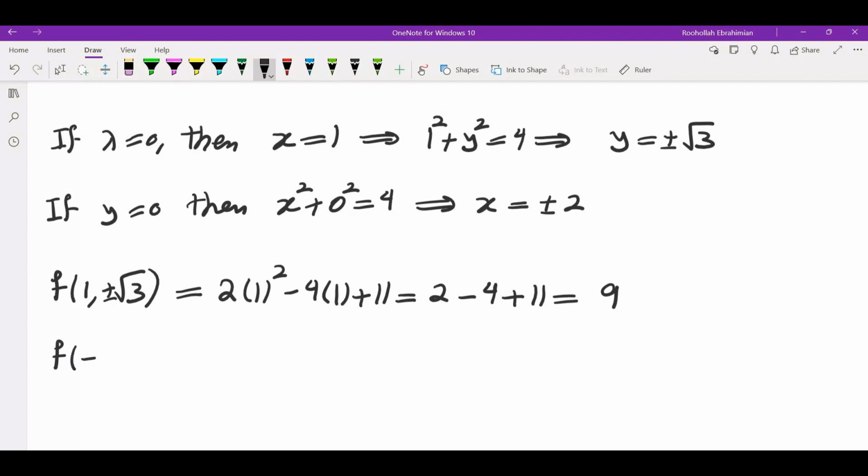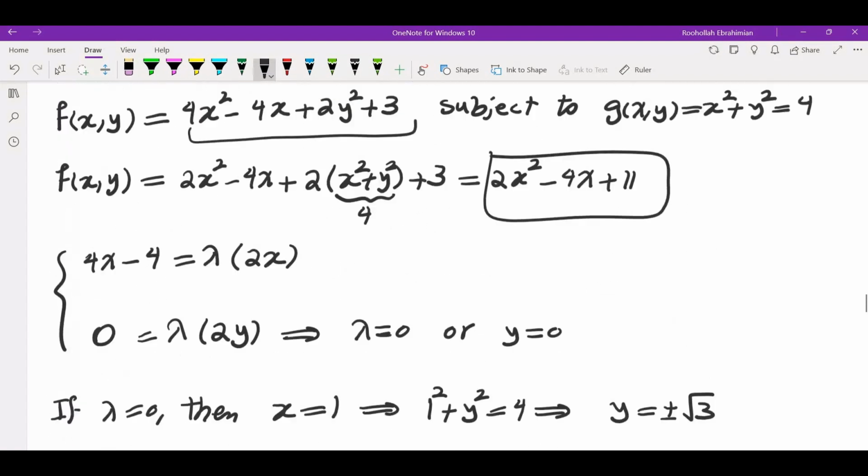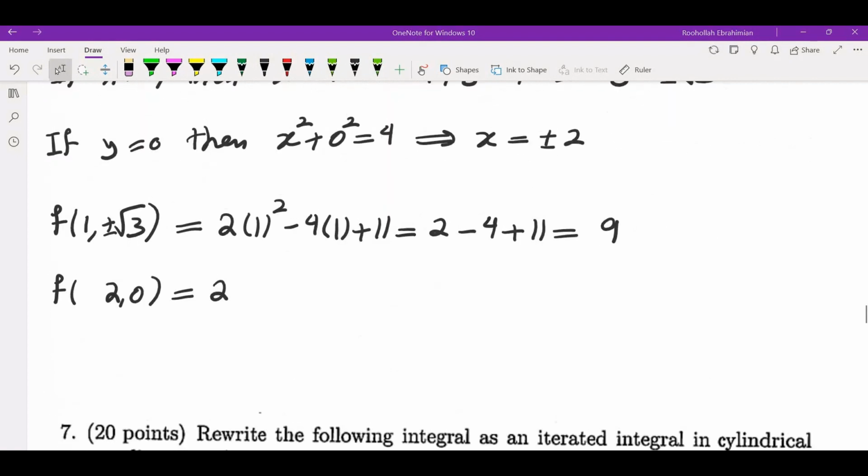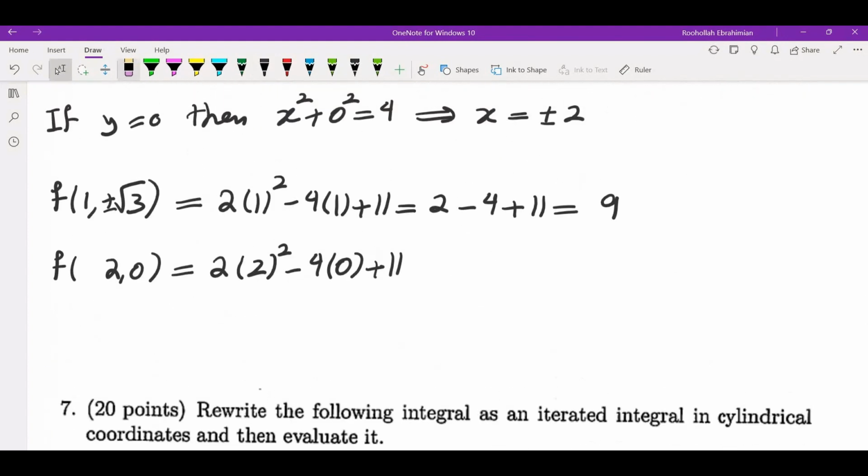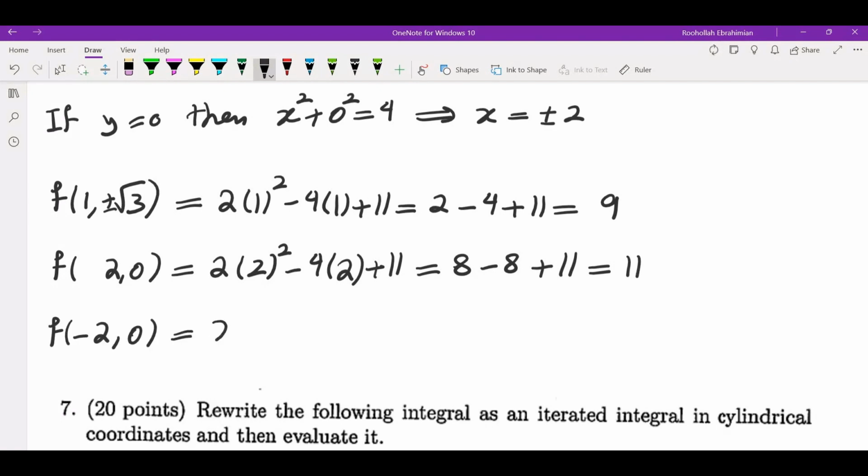f of plus or minus 2, 0: those two would have to be done separately. Going back and looking at the function, it's 2x squared minus 4x plus 11. With x equal to 2, 2 times 2 squared minus 4 times 2 plus 11, so this would be 8 minus 8 plus 11. So this is one possibility again. And f of (-2, 0) would give us 2 times (-2) squared minus 4 times (-2) plus 11.